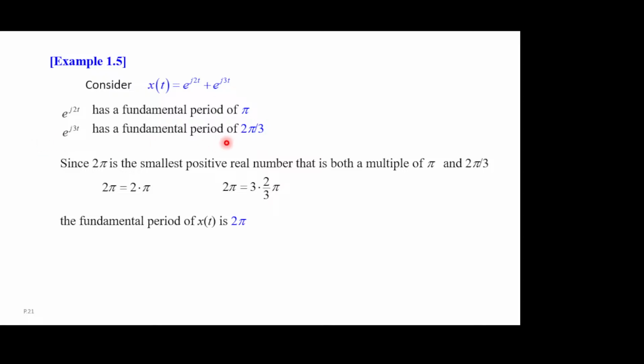We want a fundamental period for both of them, so basically you want to find the least common multiple of those two things, and that is 2 pi. So you want a multiple of pi and a multiple of 2 pi divided by 3, and that gives this.